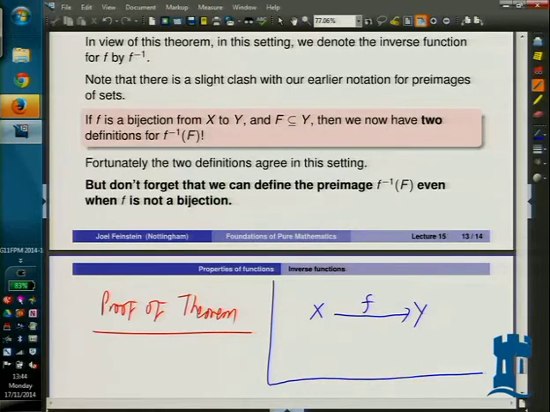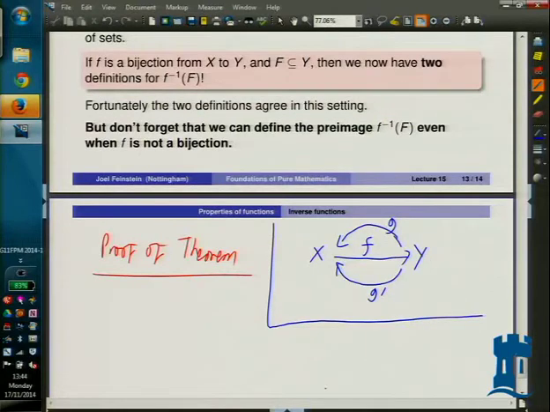We've got a function f from X to Y, which may or may not be a bijection, and it may or may not have an inverse function. Let's suppose that we actually have a g coming back and a g prime coming back, and suppose that they are both inverse functions for f.